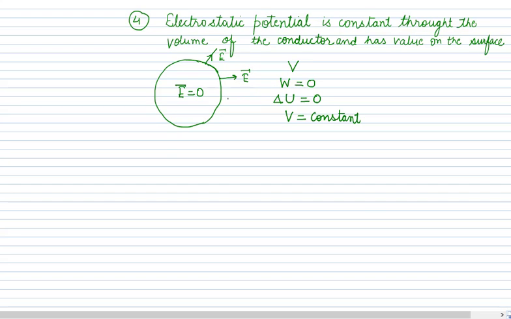If we move a test charge from the surface of a conductor to any point outside of the conductor, then work is needed to be done, there will be a difference in the potential energy, and there the electrostatic potential will not be constant. So throughout the volume, electrostatic potential is constant, and at the surface of the conductor it has some value. So this is our fourth point.